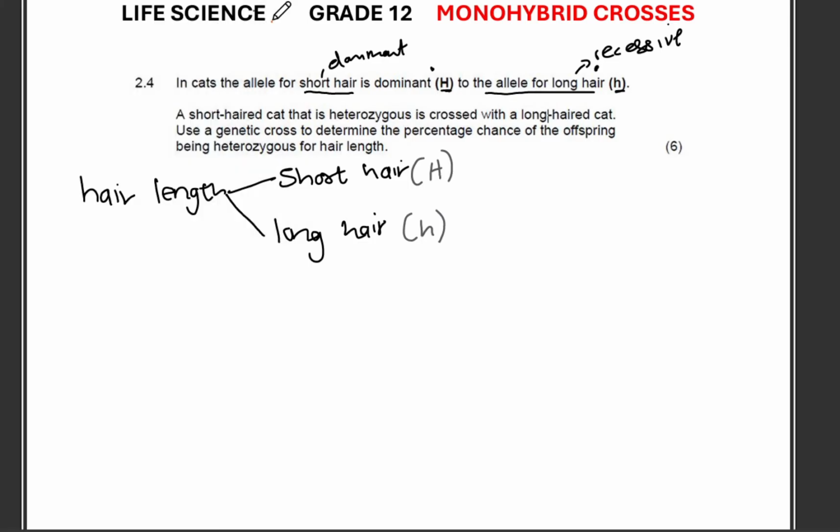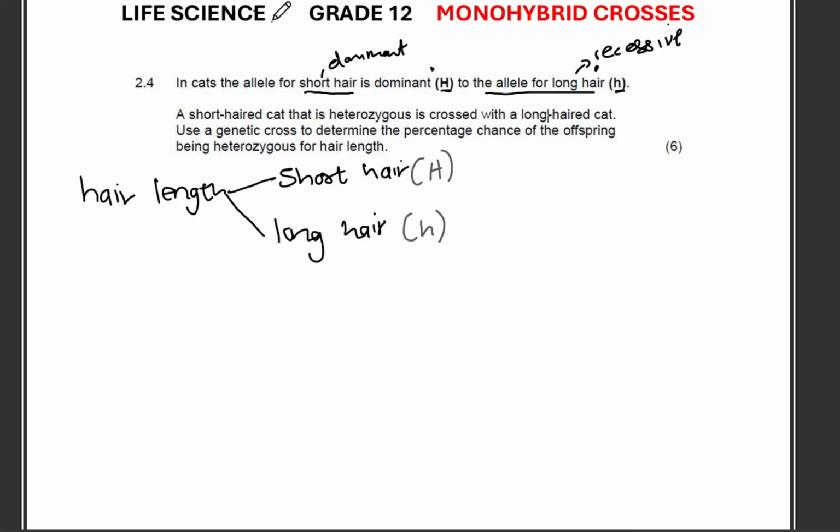Now, another piece of information that can help you when you're breaking down the question is when we talk about the gene that is dominant. If we look at a cat and we look at the phenotype, and in this case we're talking about hair length, if a cat is having short hair, there are two possible genotypes for that particular cat for the trait in question, which is hair length, since the short hair is dominant.